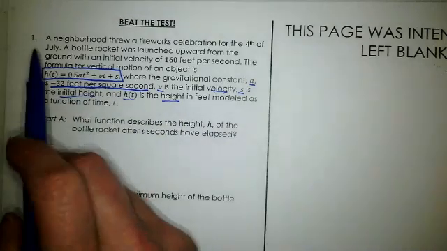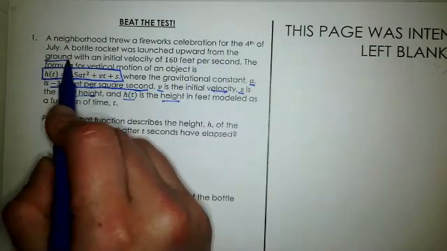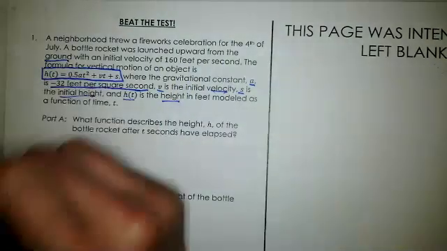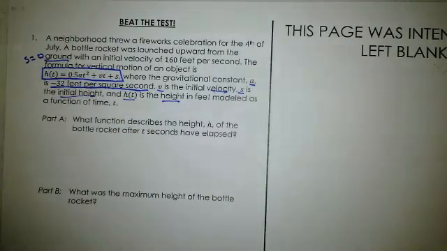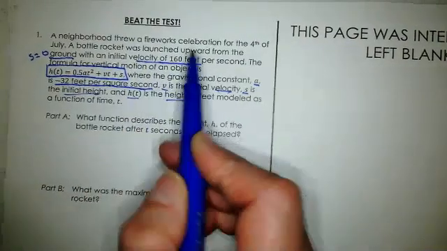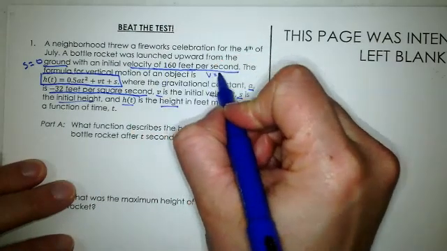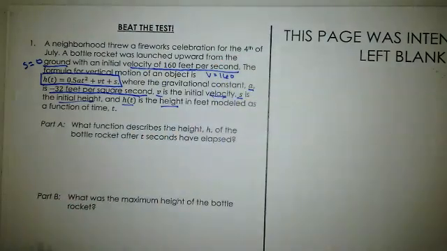And then we go back to the actual story problem. A bottle rocket was launched upward from the ground. So it starts on the ground. So S equals 0. With an initial velocity of 160 feet per second. So that's V. V equals 160. So I think we have enough information to fill in.